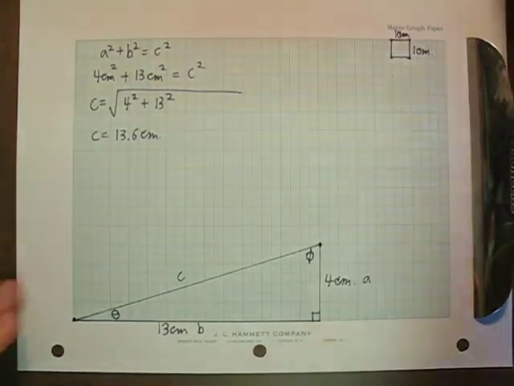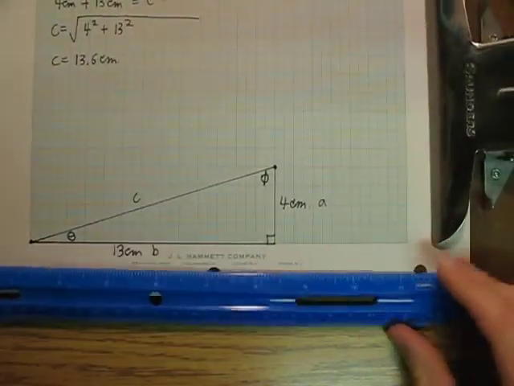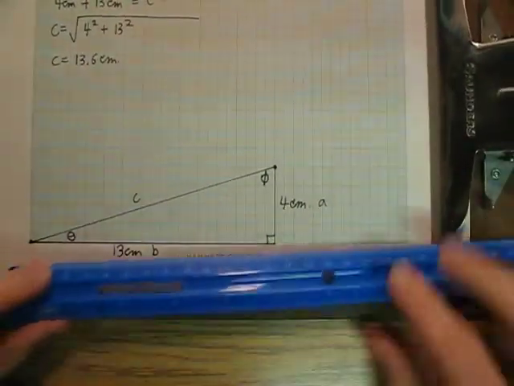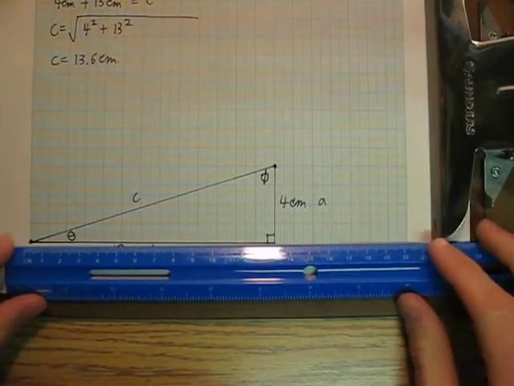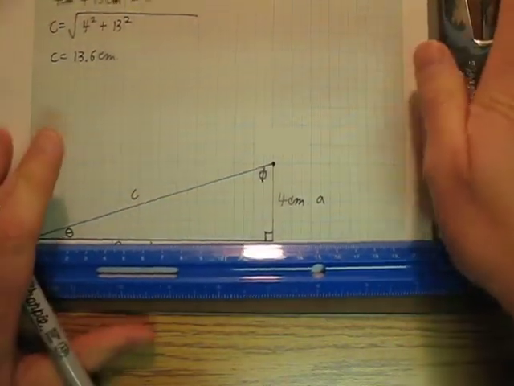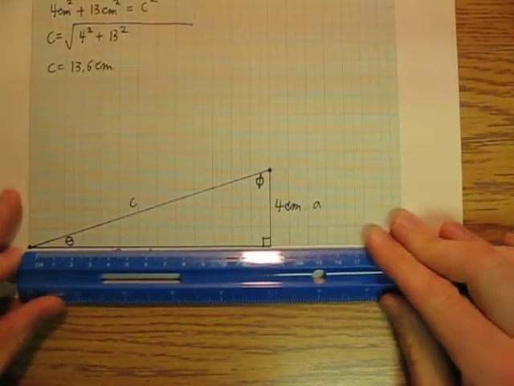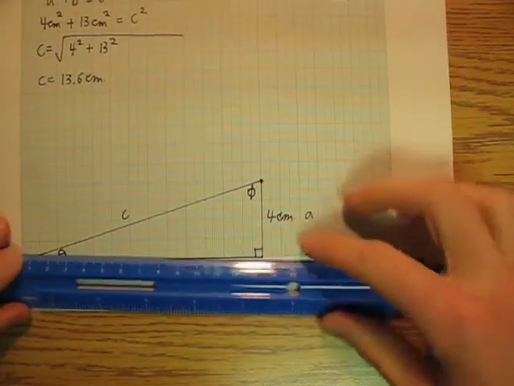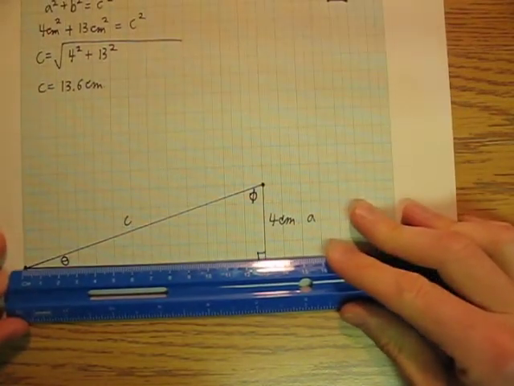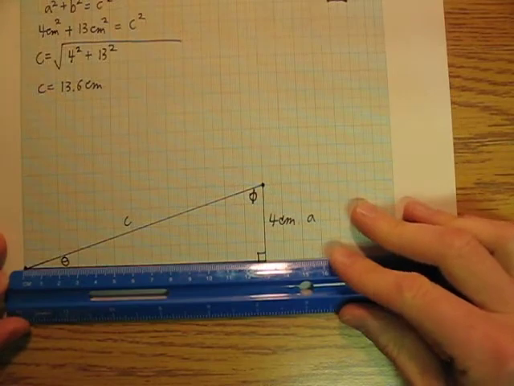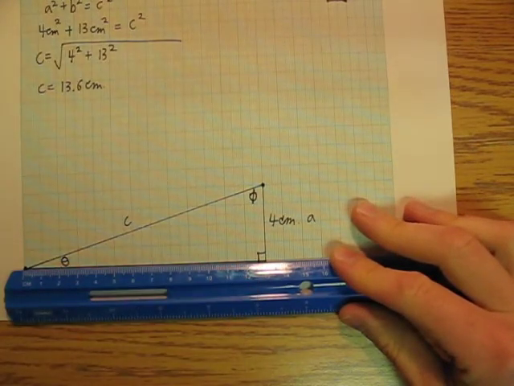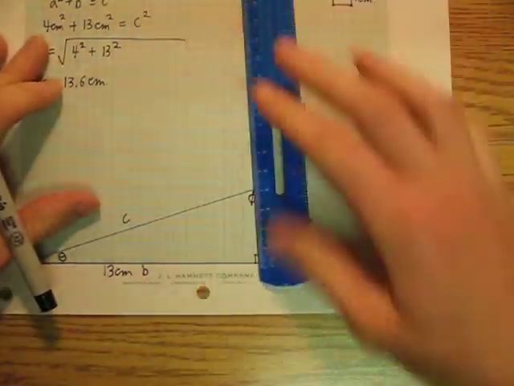Now let's just check that. Let's see if we can figure this out so you can see it on the video right here. This will probably work a little bit better. Okay. So you can see right there is 13 centimeters, hopefully, maybe.